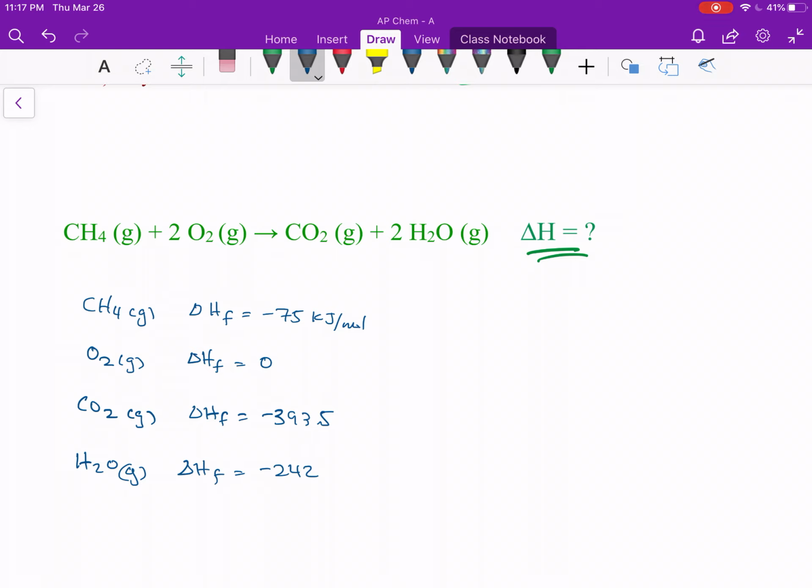Well, yesterday in the lesson we talked about Hess's law. So now we have some reactions that we can use. If I'm talking about CH4 and its formation reaction, I know it to be C plus 2H2 going to CH4, where delta HF is negative 75.